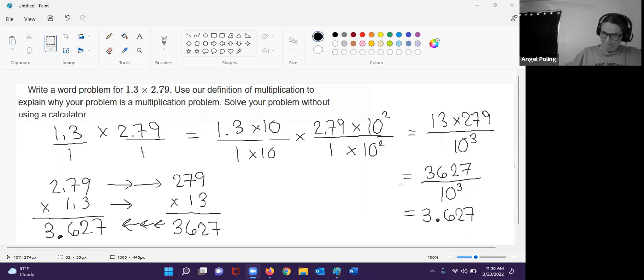So these are 2 different methods showing that the standard algorithm, which we don't even discuss really, we just do it, right?